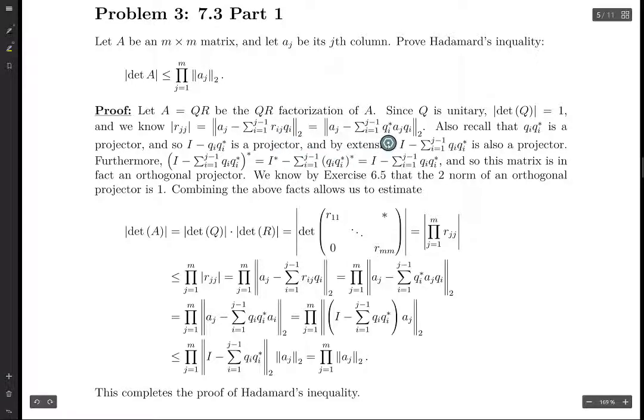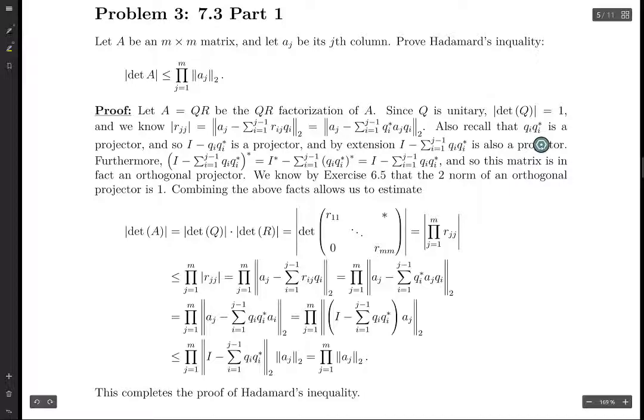You take Qi star, and then you get Rij is equal to Qi star times Aj. And so we have this equation, and this will be useful.